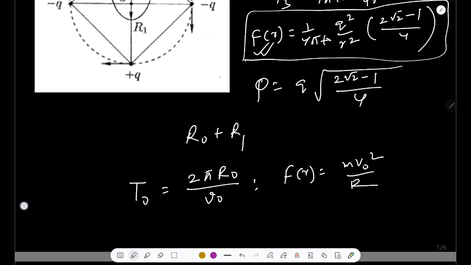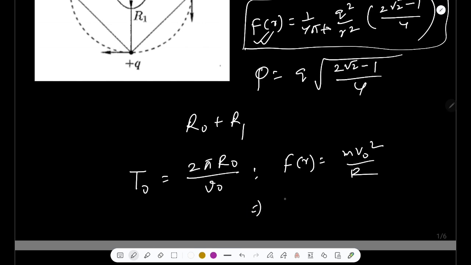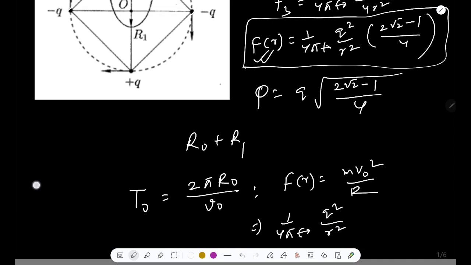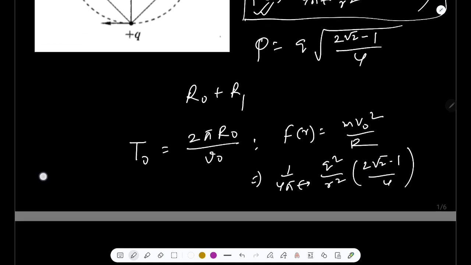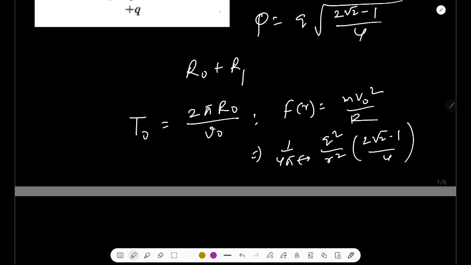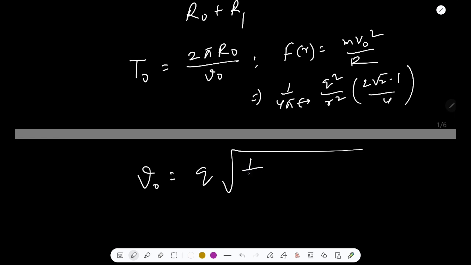Fr is 1 upon 4 pi epsilon naught, q square upon r square, times (2 root 2 minus 1) by 4. And try to find out the value of v naught from here. You can get v naught equals the square root of 1 upon 4 pi epsilon naught, q square (2 root 2 minus 1) by 4 m r naught. I have just found it, so I'm not going to do it again and again.